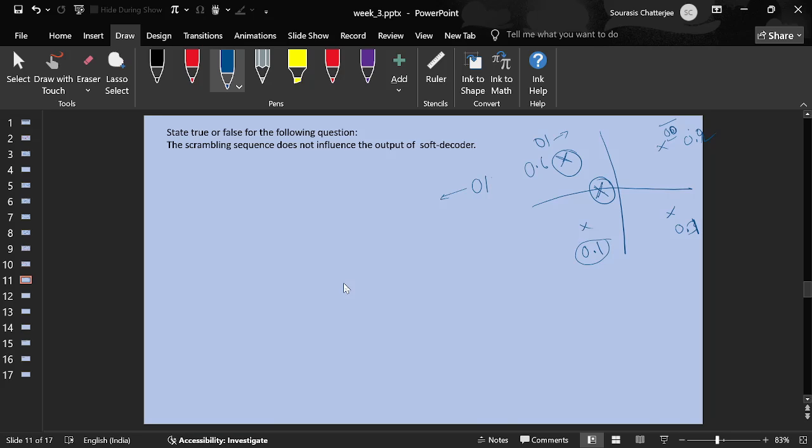Let's say the transmitted bit was 1, and when I do soft decoding, I calculate the probability of y being 1 as 0.7, and the probability of y being 0 as 0.3. Now if the scrambler bit is 1, this bit is XORed with 1, so that particular bit y is going to be y complement.